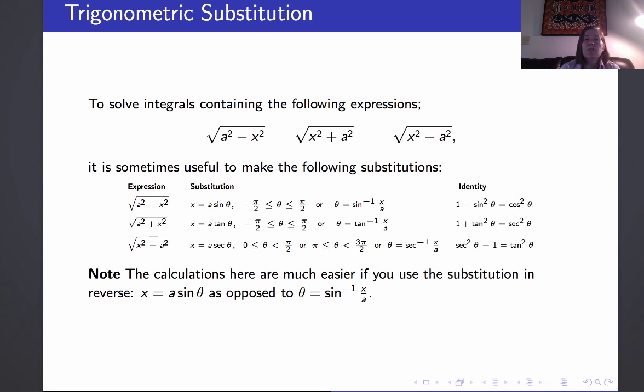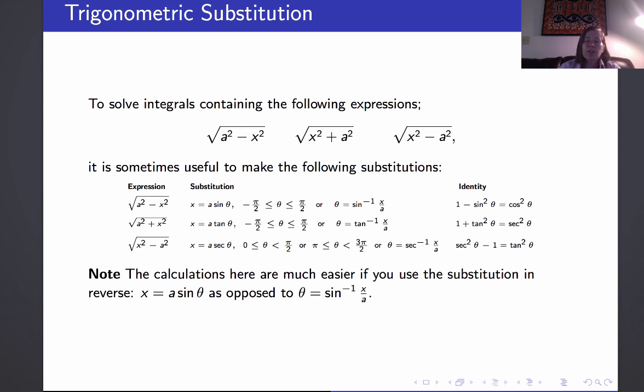For the square root of a squared plus x squared, we let x equal a times tangent of theta, and then we rely on the identity 1 plus tangent squared of theta equals secant squared of theta to eliminate the square root sign. And for the square root of x squared minus a squared, we can use x equals a times secant of theta, and then because secant squared of theta minus 1 is tangent squared of theta, we can eliminate the square root sign from the integral.